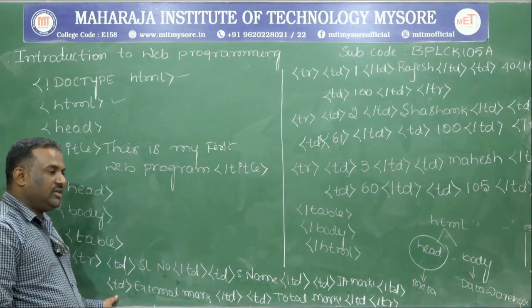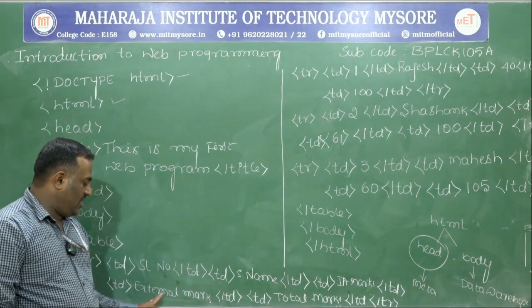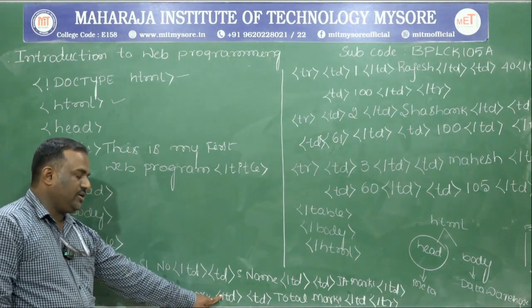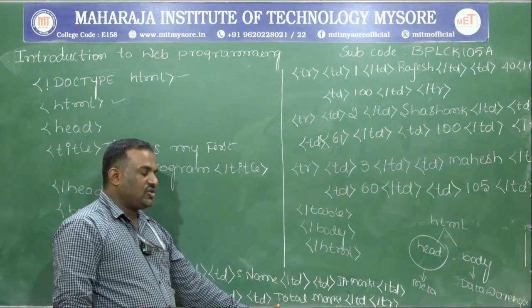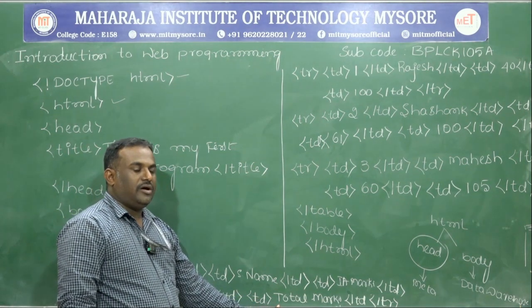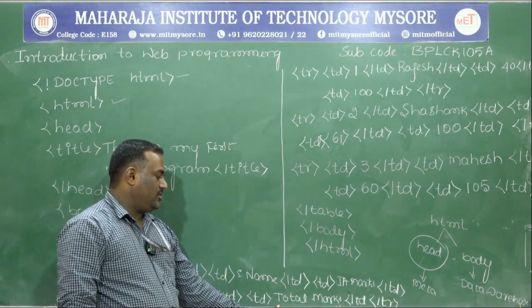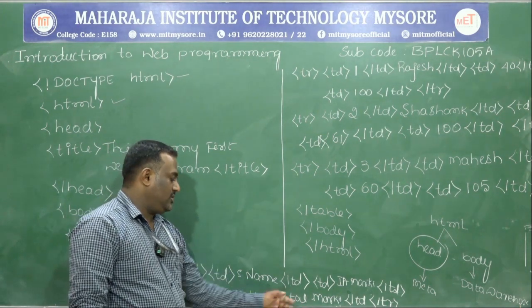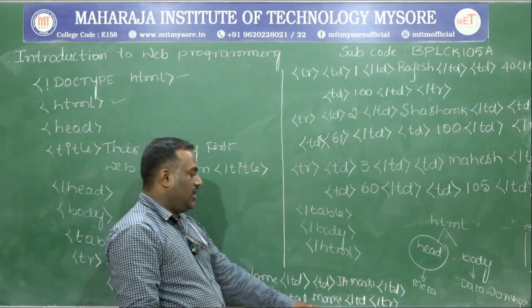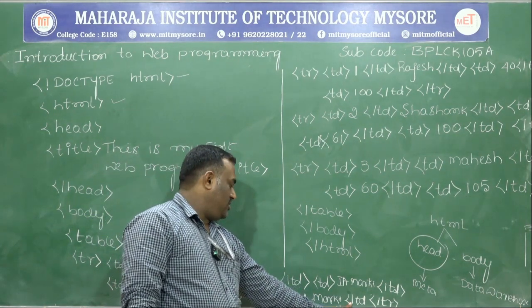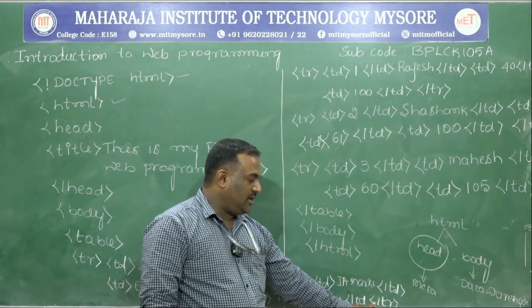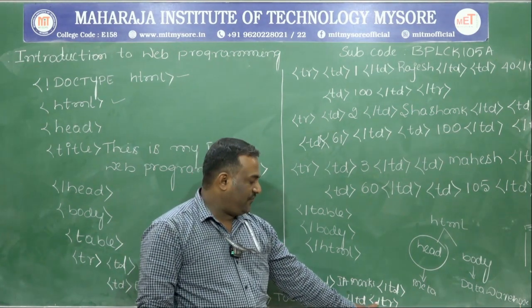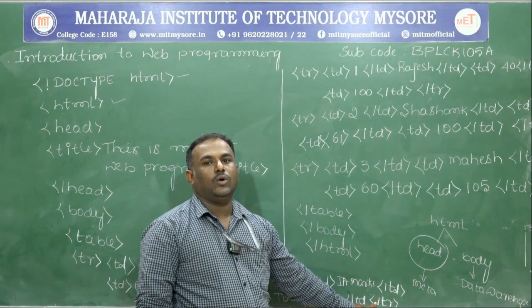That is done by using the td, and then end of the td, corresponding td, and then one more td, and then in the last column in the first row, I need to write the total marks. That is done by using the td, and end of the total marks td, and then end of the first table row.